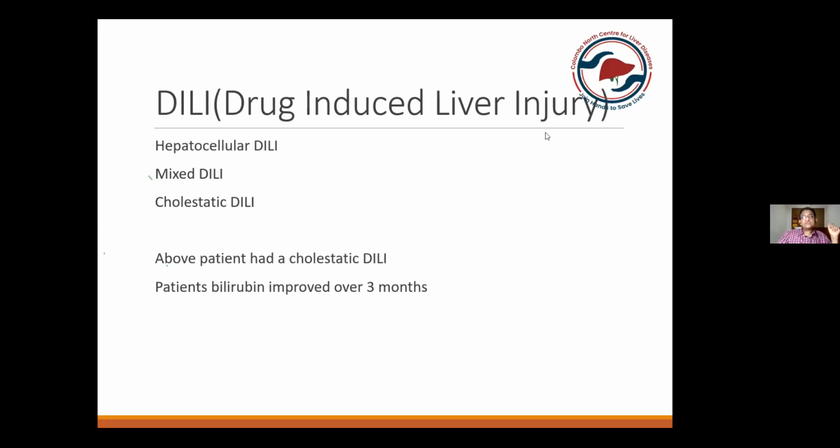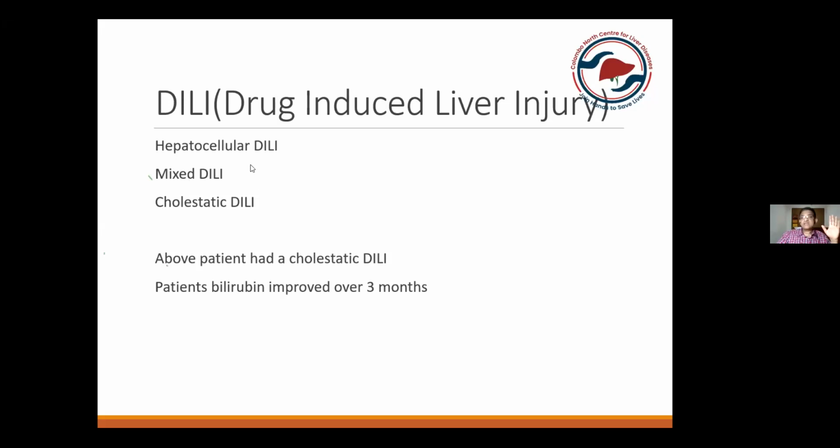And drug-induced liver injury can be hepatocellular, when there is greatly elevated transaminases, or cholestatic, like this patient, when the bilirubin is greatly elevated, or mixed DILI, where there is a hepatocellular and cholestatic picture together. So I'm not going to tell you how to differentiate between hepatocellular, mixed, and cholestatic DILI.